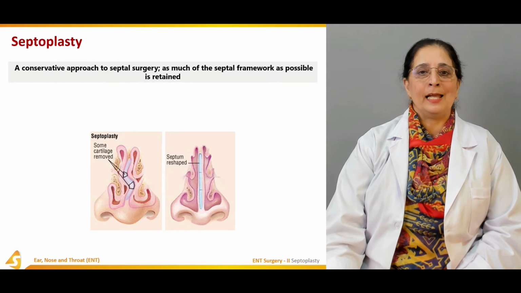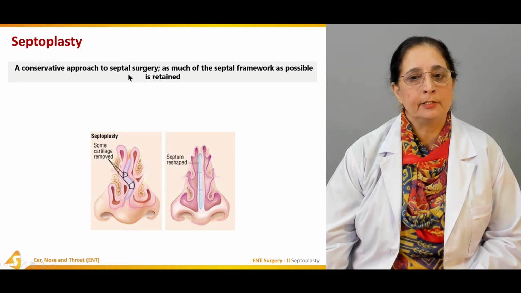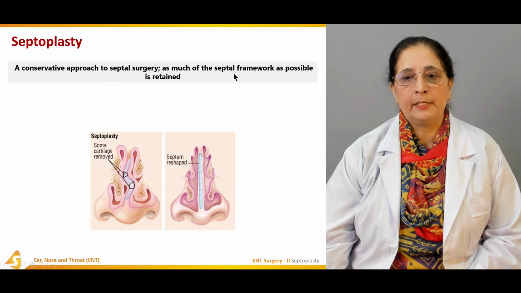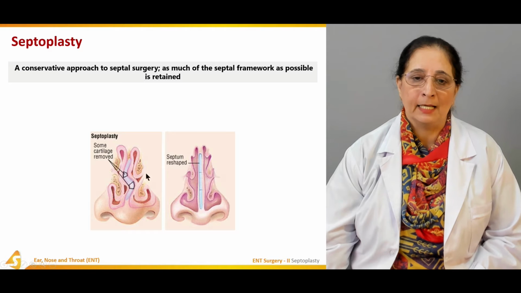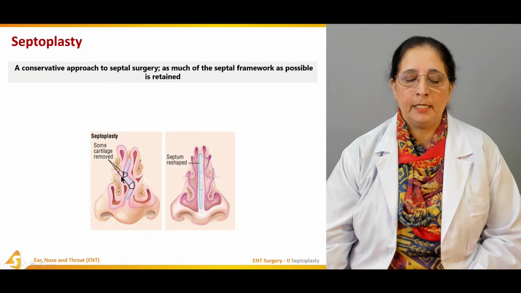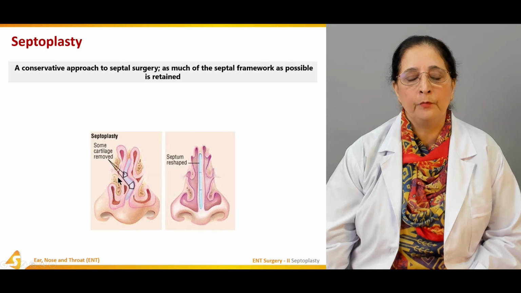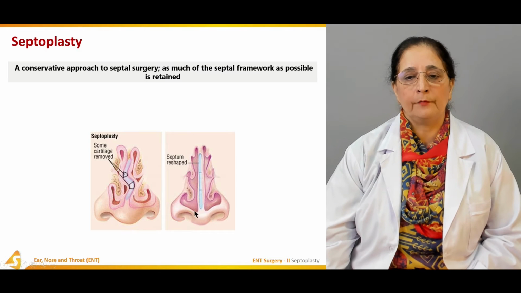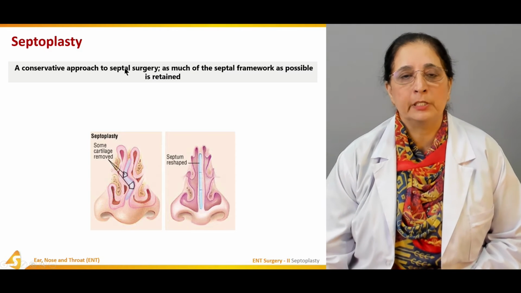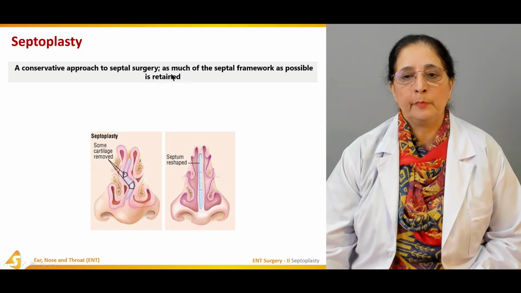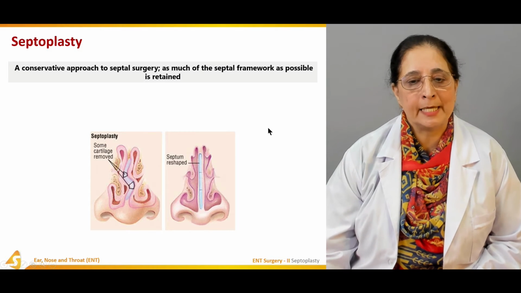Septoplasty is a conservative approach to septal surgery. As much of the septal framework as possible is retained. If there is an abnormality or defect in the septum, that is removed, and then reshaping of the septum is performed. The remaining is retained.